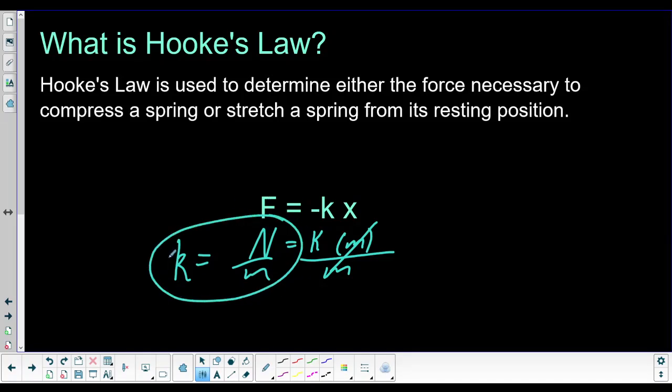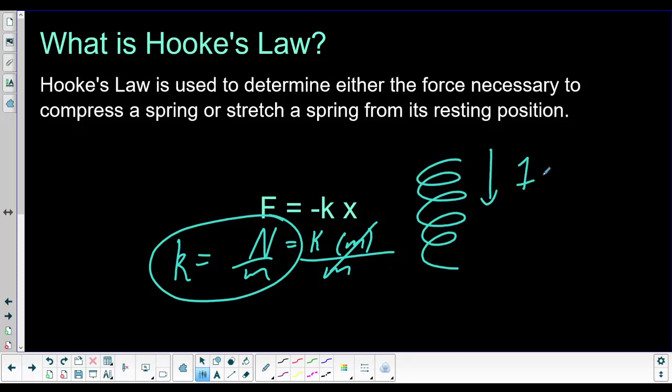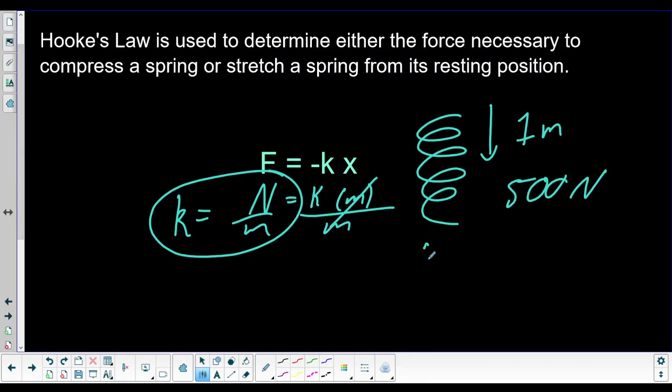The way you want to think about this is, I have some spring like this, and I want to compress it 1 meter. How many newtons of force will that take? Well, if it takes 500 newtons to do that, then our spring constant, k, would be 500 newtons per meter of displacement.